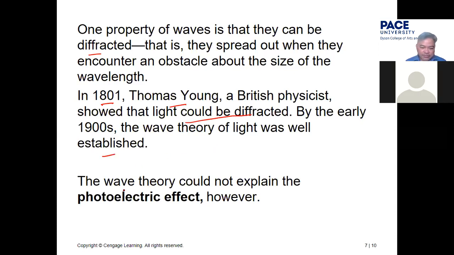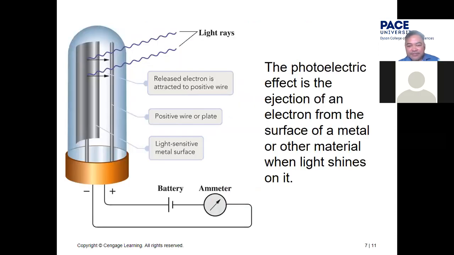However, the wave theory could not explain the so-called photoelectric effect. Now the question is, what is this photoelectric effect? The photoelectric effect is the ejection of an electron from the surface of a metal or other material when light shines on it.